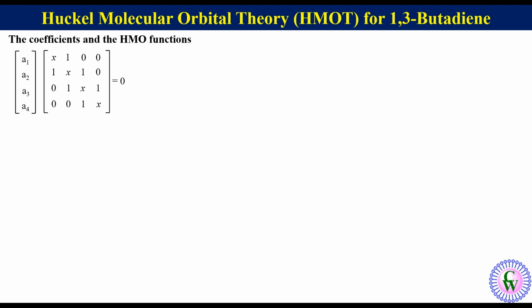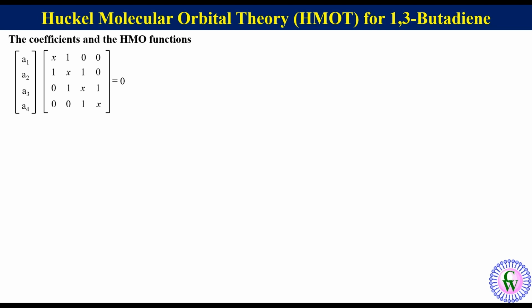The coefficients and the Huckel molecular orbital functions. Let's rewrite the secular determinant we created for 1,3-butadiene system. Since the 4 coefficients are A1, A2, A3 and A4, so we can write A1, A2, A3, A4 multiplied by 4 into 4 matrix is equal to 0.